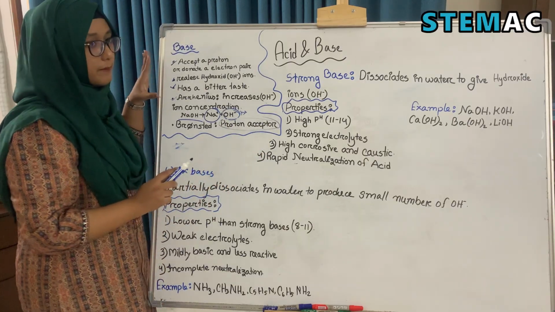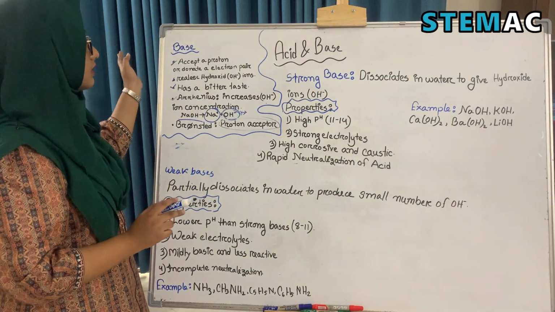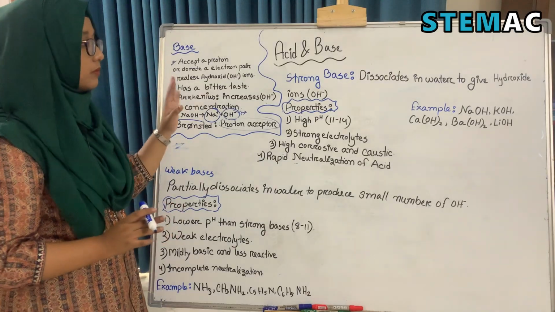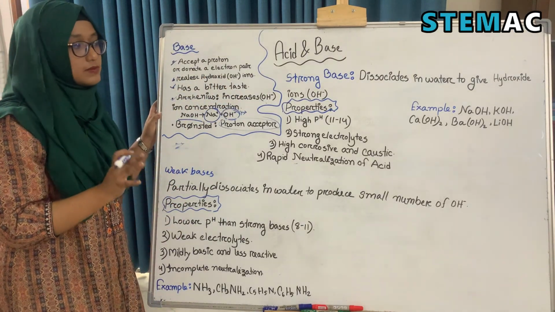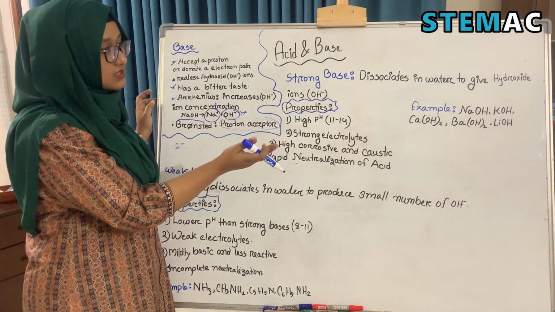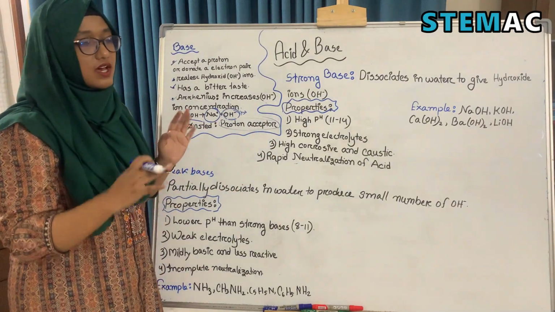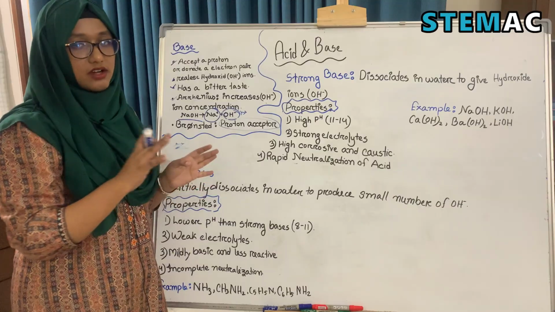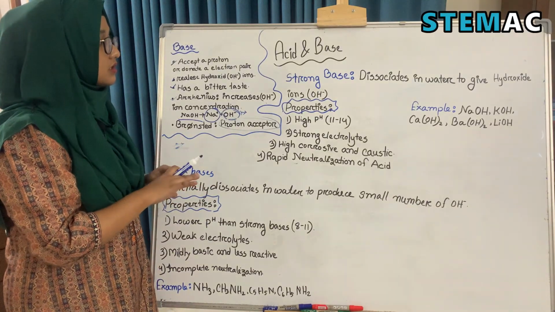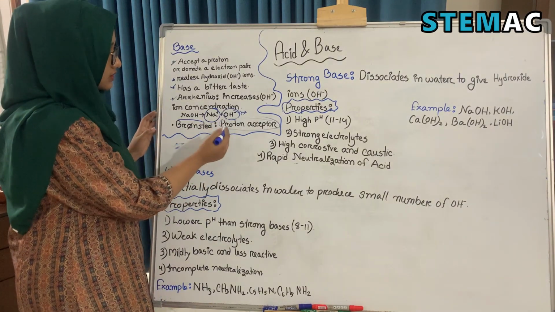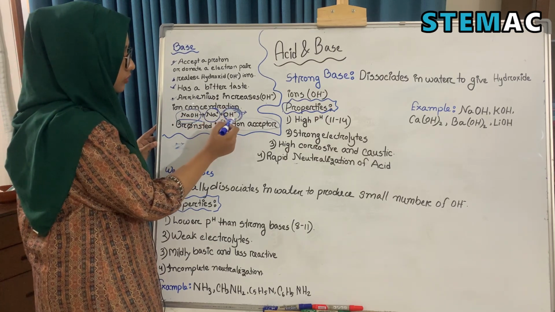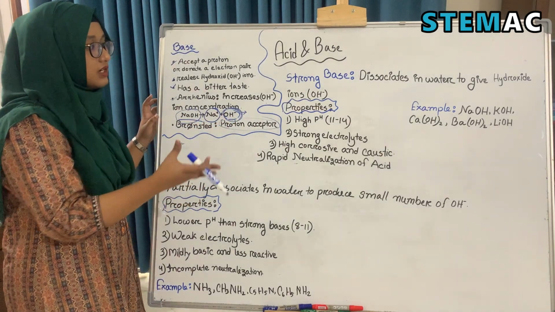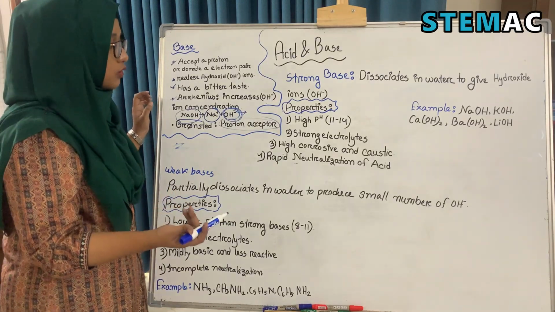So this is the base information, and bases have two types: strong bases and weak bases. Strong bases dissociate in water to give hydroxide ions. In the reaction, sodium hydroxide produces OH-, and it increases the number of hydroxide ions in the aqueous environment.